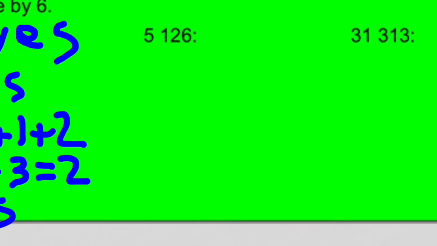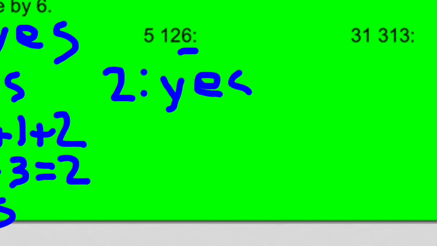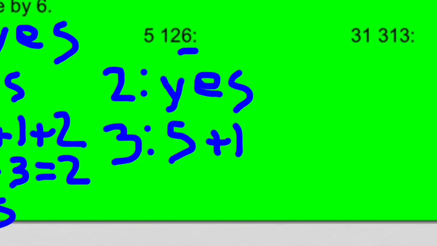Let's check another one. 5,126. Let's check if it's divisible by 2. Well, it's even, so that's a yes. To check if it's divisible by 3, we add up the digits. 5 plus 1 plus 2 plus 6. 5 plus 1 is 6, plus 2 is 8, plus 6 is 14.